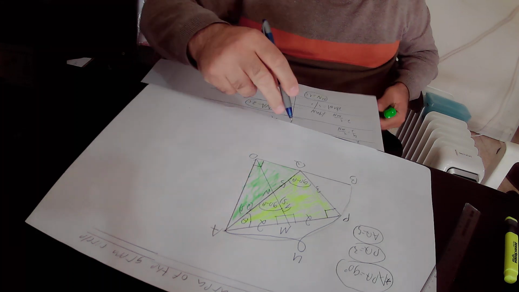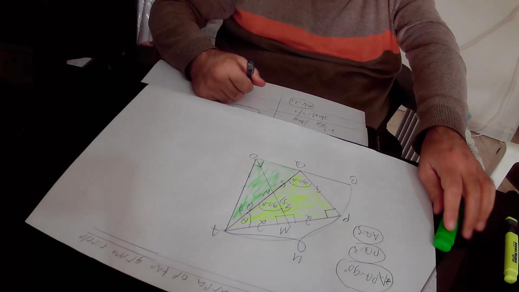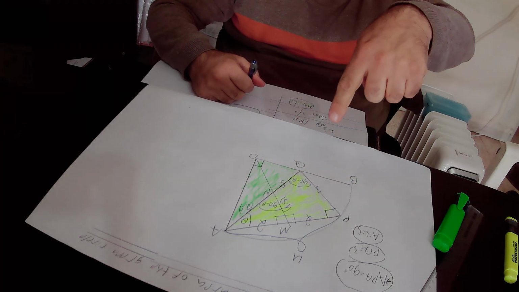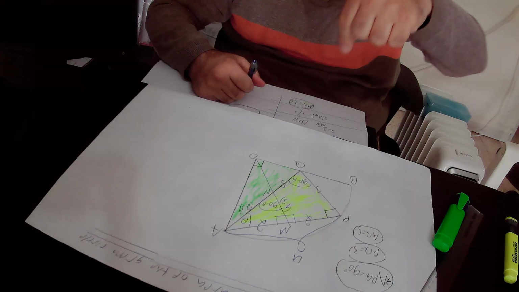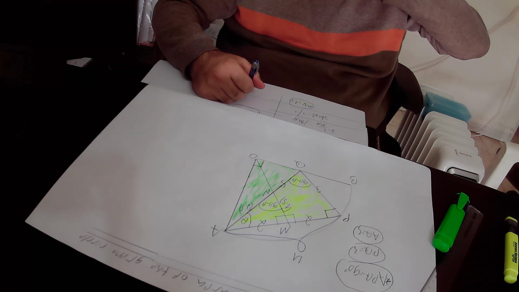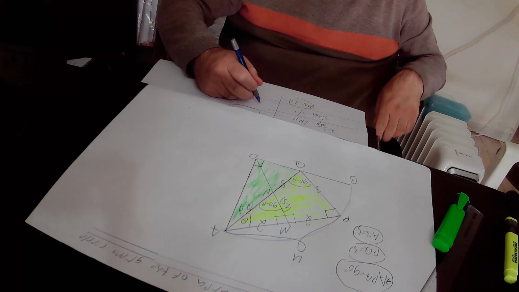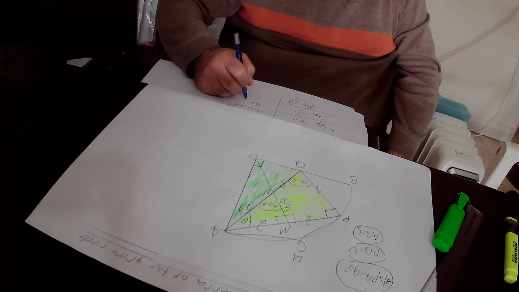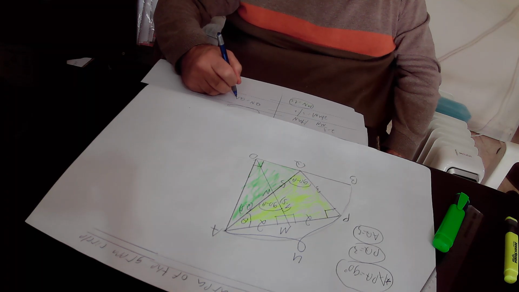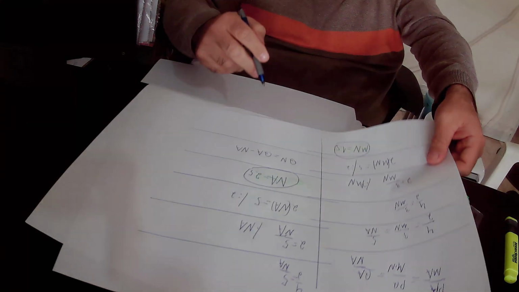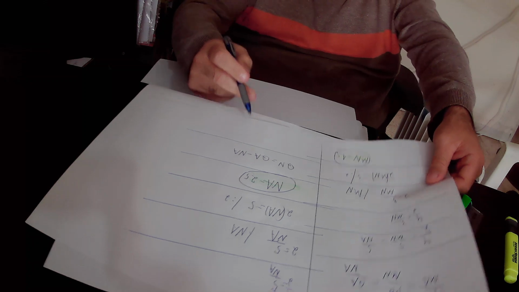What is the length of QN? From the drawing, it is very easy to see that line segment QN equals QA minus NA. Okay, so I write it down. QN equals QA minus NA.